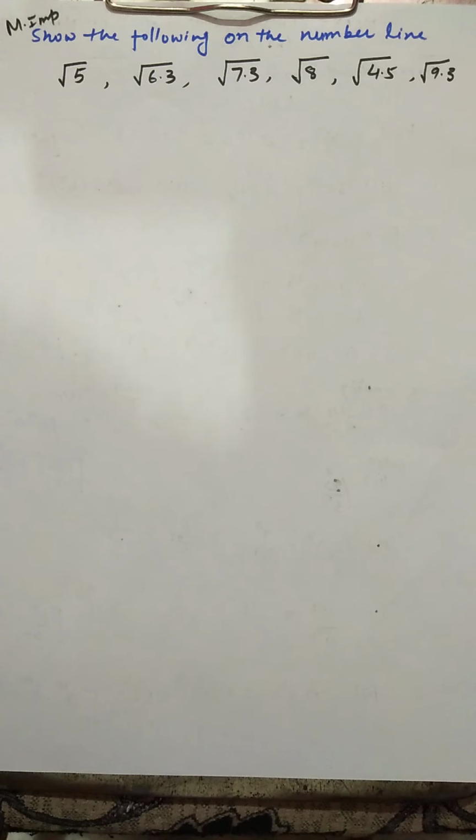Now there are 2 to 3 methods in this first chapter, but all methods work for different irrational numbers. Like the spiral method works only for natural numbers in the square root, and there is another method which again works only for some natural numbers. But the method which I am going to explain is suitable for all kinds of numbers, whether a decimal number or a natural number in the square root.